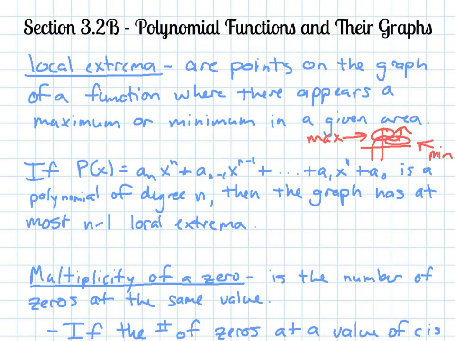Now, one thing to remember: for a polynomial function of the given form that has a degree of n, the graph has at most n minus 1 local extrema. So if it's to the third power, it's got at most 2 local extrema. Maybe it won't, but that's the most it can have.